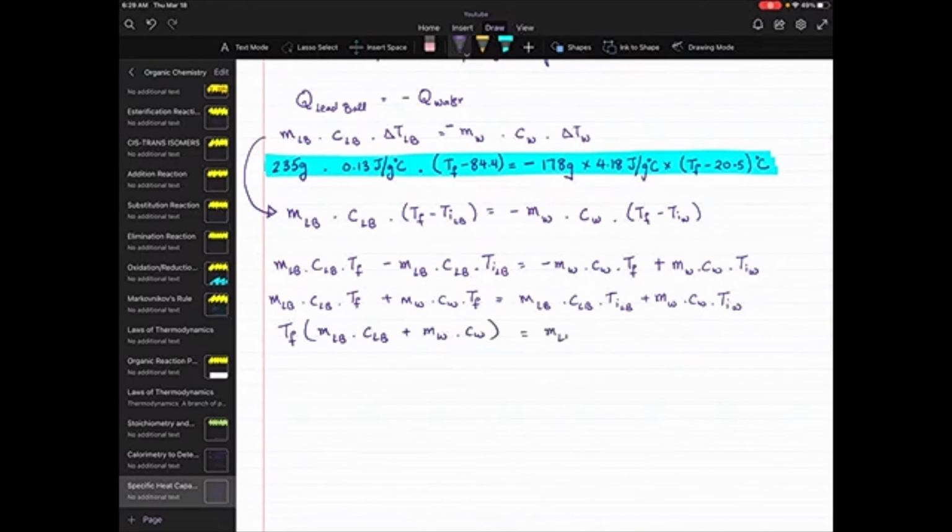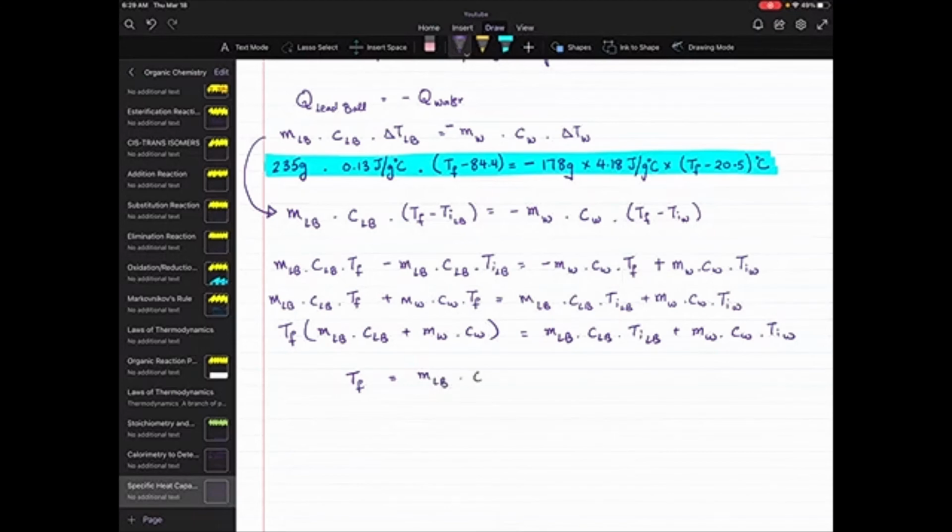We can just rewrite that. Don't have to change that. M of LB TI of LB plus MW CW TIW. Now what we can do is take the component in the bracket from the equation and take it to the other side, which will isolate the T final. This is what we're looking for.